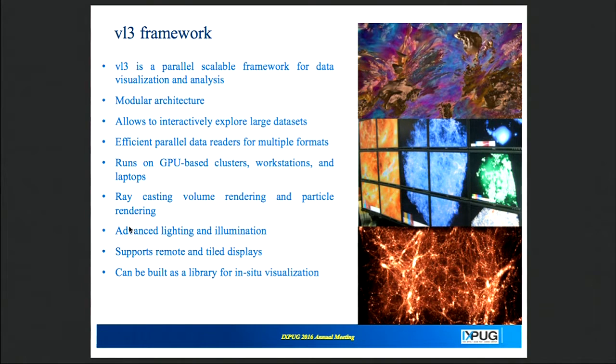VL3 is also good for streaming to large tile displays, and that's what the second picture is showing. The third picture, Aaron already showed, is a HACC data set. It's also a project running here at Argonne. This is particle-based, and we can scale. On this machine, we were able to scale using 128 GPUs, up to a full data set of 32 billion particles, which is half a terabyte.